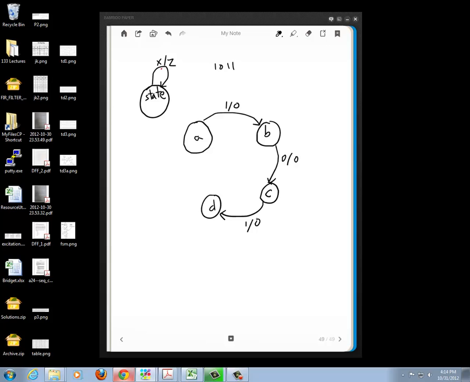And now, if we are doing the reset case, in this color here, we are going to go back to A if we get a 1, and we're going to get an output of 1. So here you see we have 1 0 1 1, and the output happens on the transition.